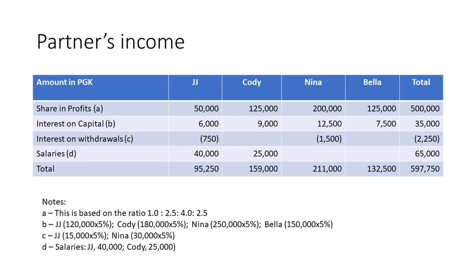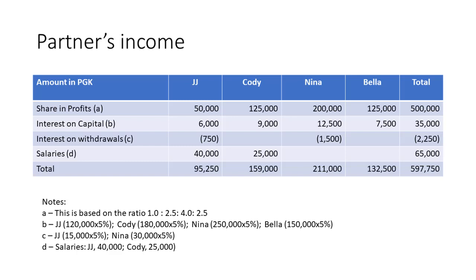For JJ, 5% of his contribution is 6,000, and Cody, 5% of his contribution is 9,000. Nina has 12,500, 5% of her contribution, and Bella 7,500, 5% of her contribution.